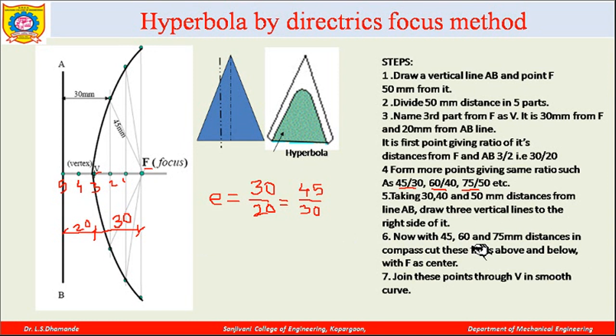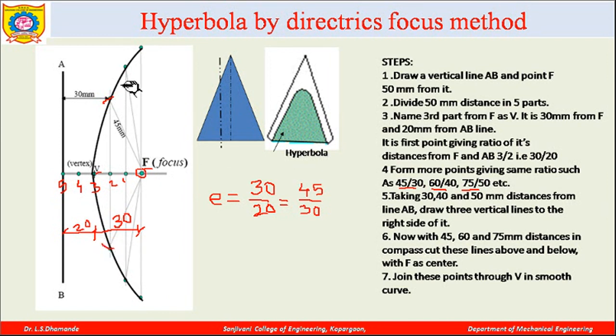Now with 45, 60 and 75 mm distances you have to take in your compass and cut these lines above and below with F as the center. So take F as the center, and in your compass take the distance 45 first, and cut this vertical line here and here.